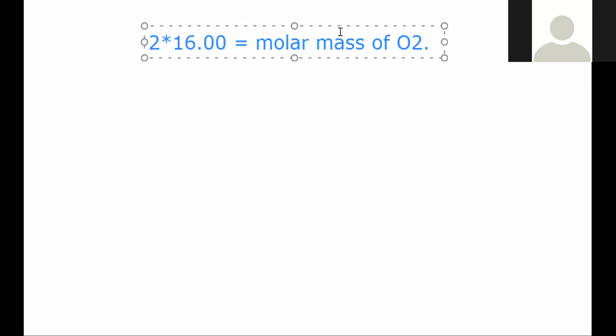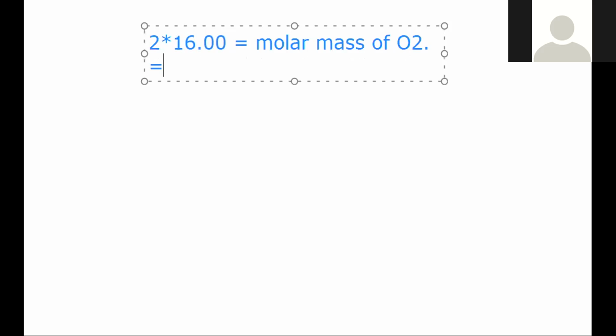To calculate the molar mass of a compound like oxygen, where there are 2 or more atoms, we have 2 times the molar mass of oxygen as it exists by itself, which equals 32.